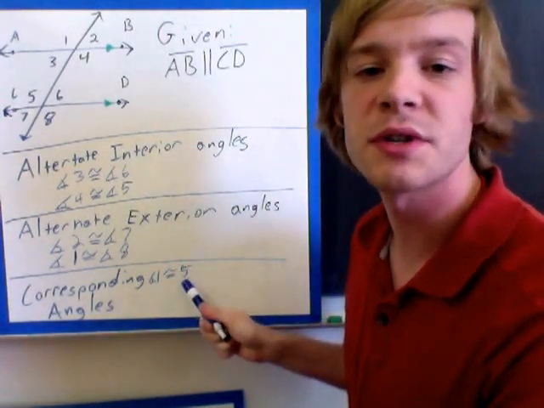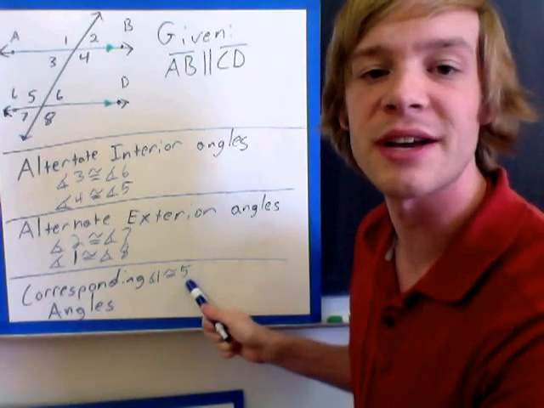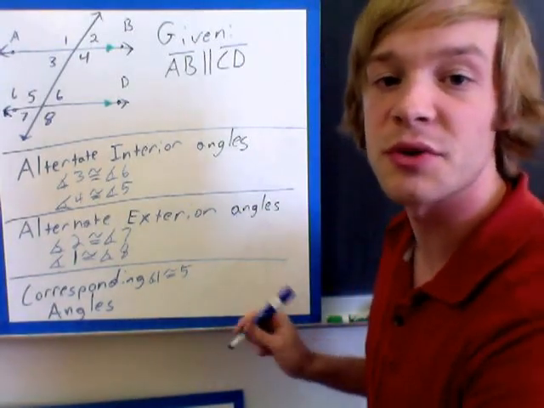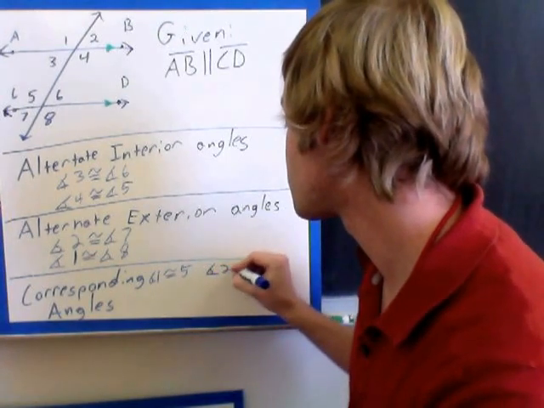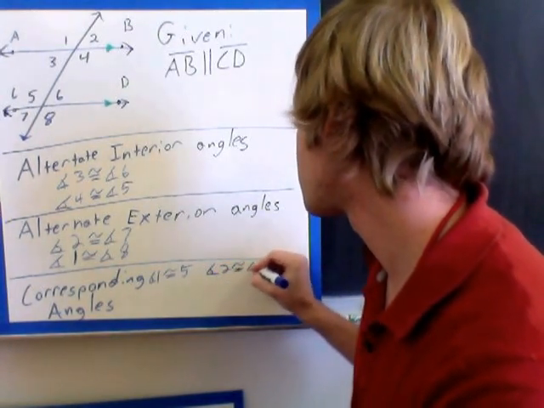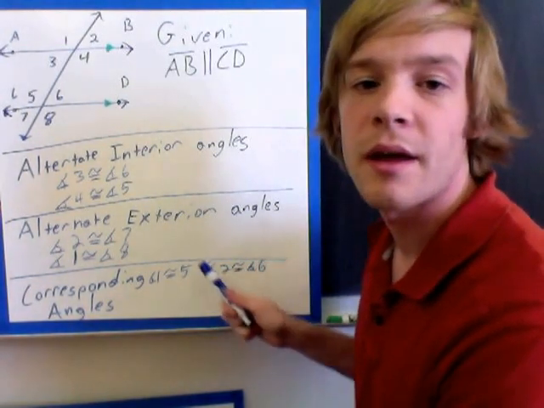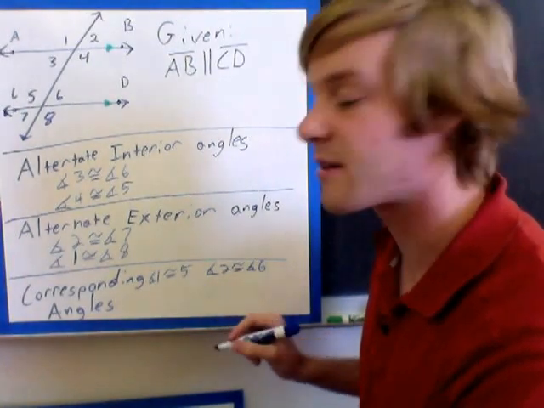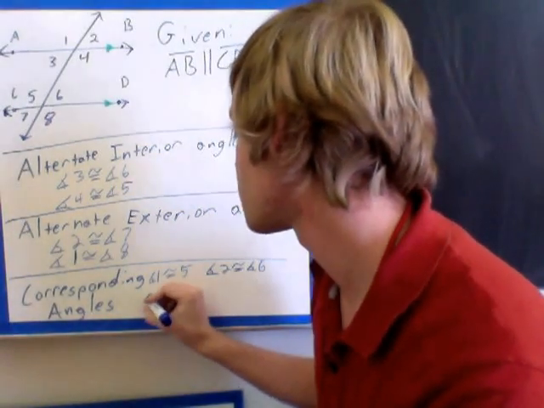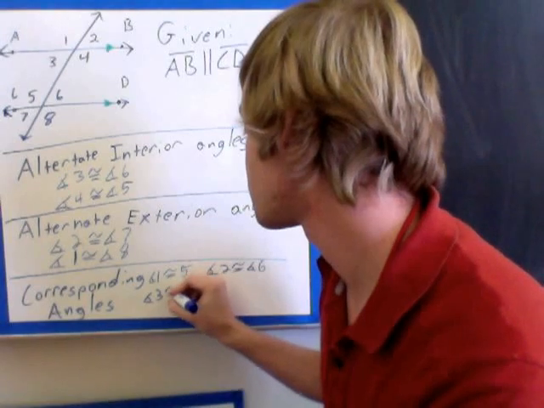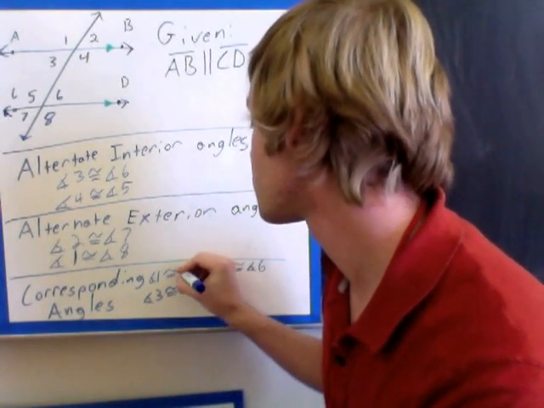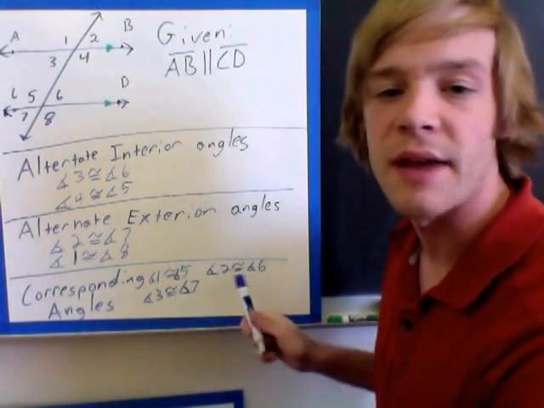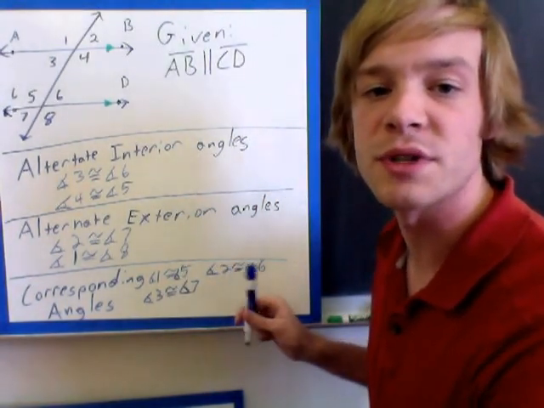Angle 1 is congruent to angle 5, angle 2 is congruent to angle 6, angle 3 is congruent to angle 7, and lastly, angle 4 is congruent to angle 8.